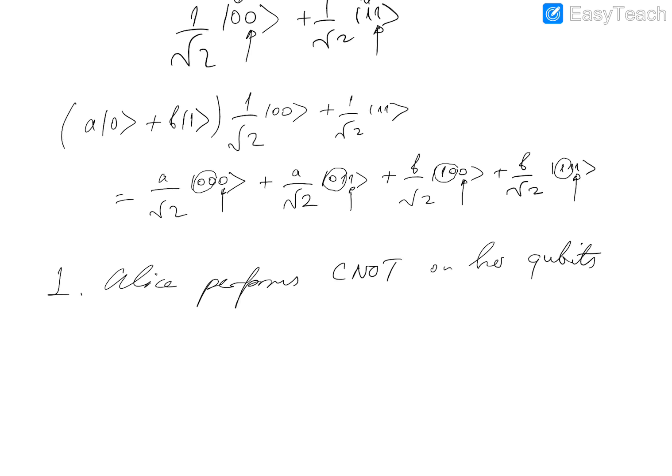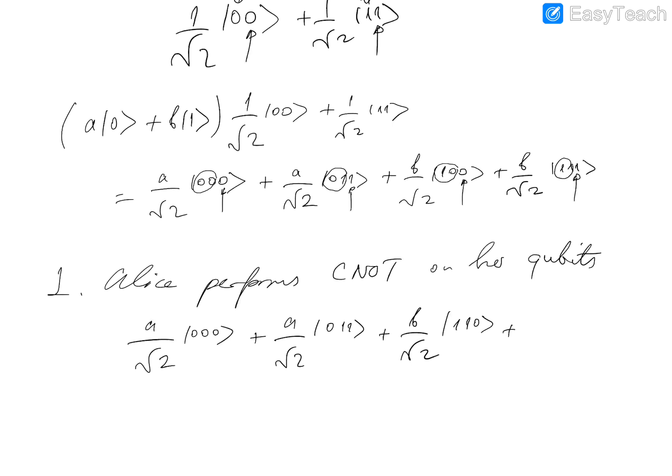After applying the CNOT, this state will become a over square root 2 |000>, so nothing changed with the first expression. Plus a over square root 2 |011>, nothing changes here. And here we have |110>.